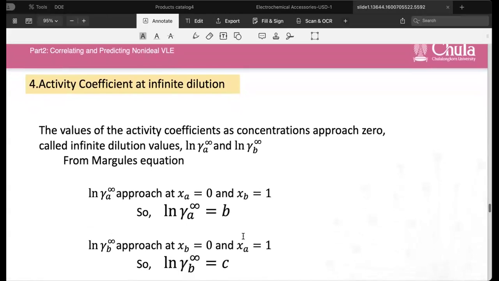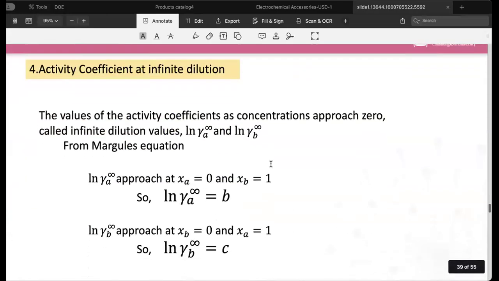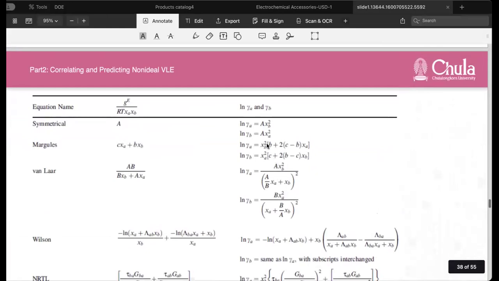If we consider the Margules equation, what happens? In this Margules equation, XB is 1, XA is 0.